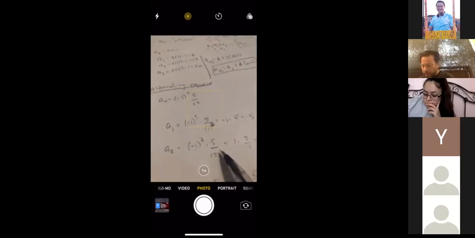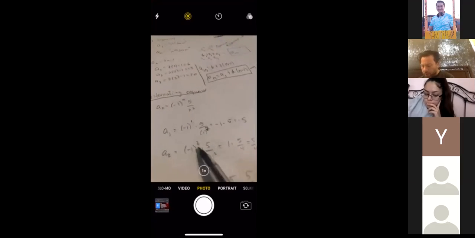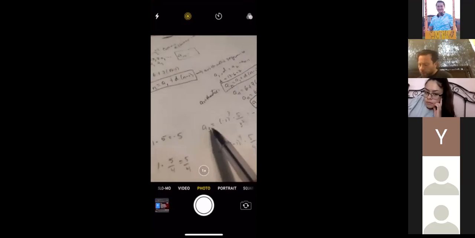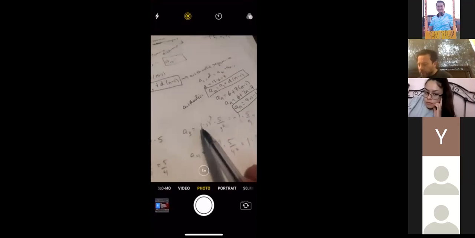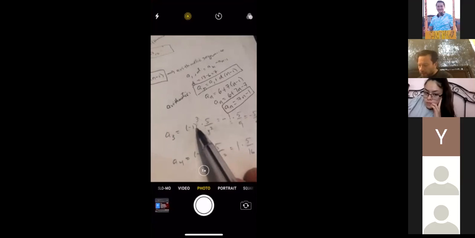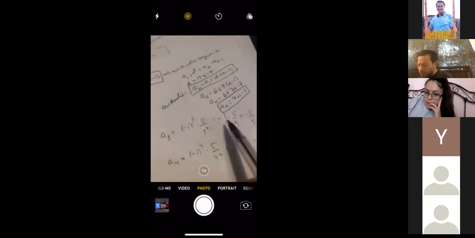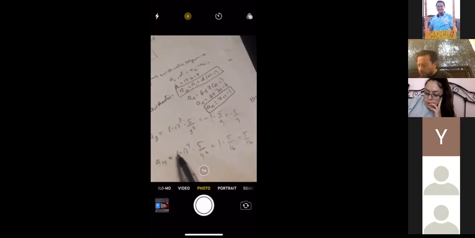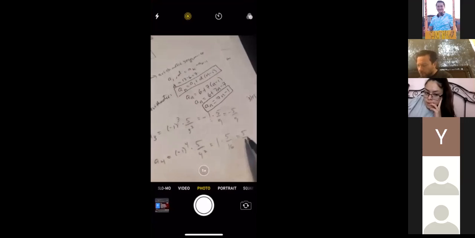And that gives me positive 1, because this is squared, times 5 over 4. And so a sub 3, I'm sorry, is -1 cubed times 5 over 3 squared. This is negative again, so then this is a -1 times 5 over 9. So then this is -5 over 9. Same thing with 4. You do your math, you get positive 5 over 16.